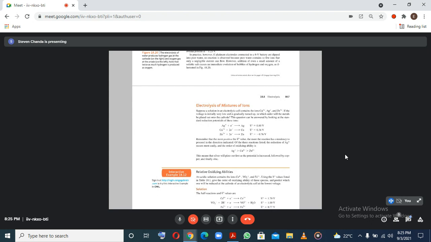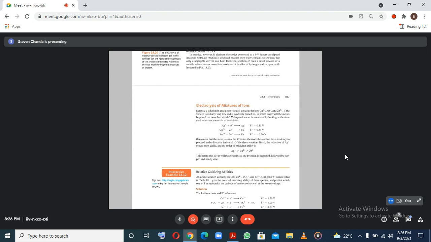Which direction is favored? So we look at those half reactions and we see that the oxidizing ability is simply how easily something can be reduced. Because if something can be easily reduced, it means that it's a good oxidizing agent. Okay, so we see there we've got the first one.